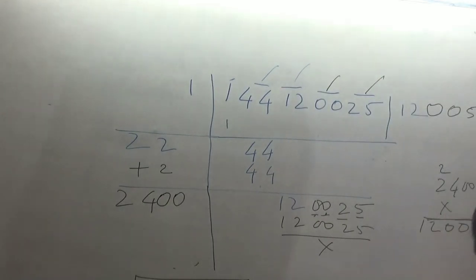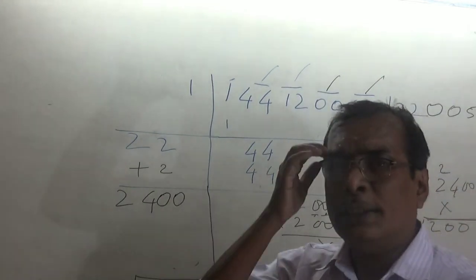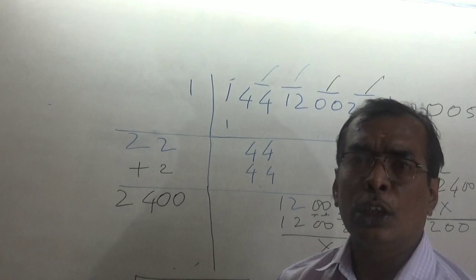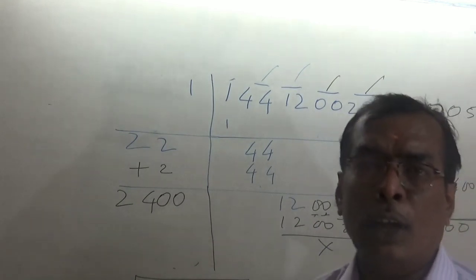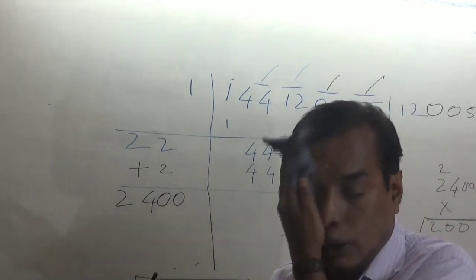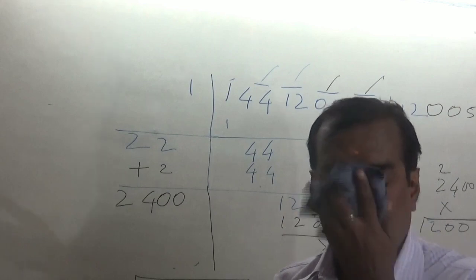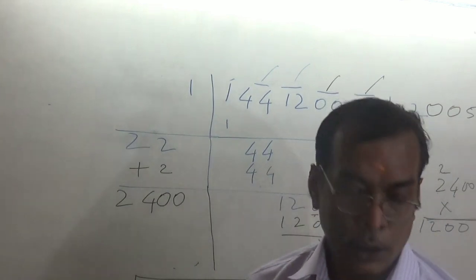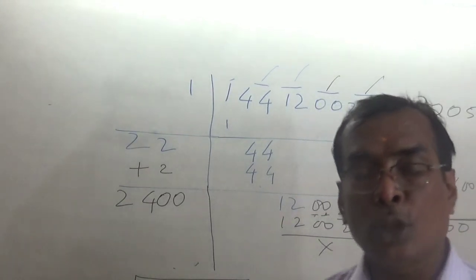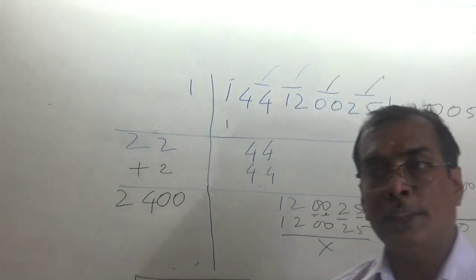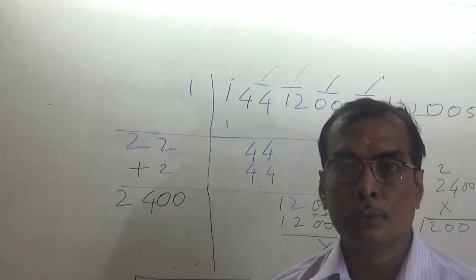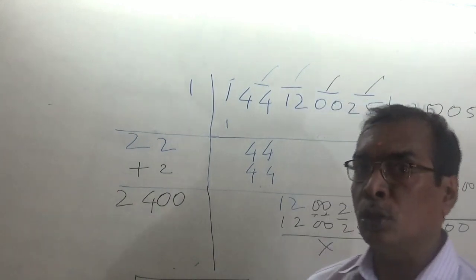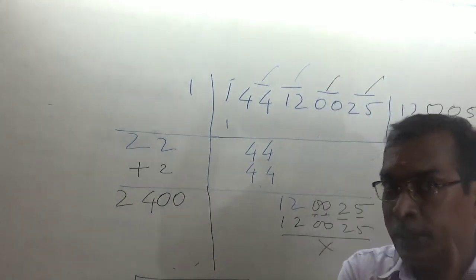Now one thing: this type of big number you will not find in your book. What will you have to do? In that case, all of you have calculators, or at least a mobile phone, where a calculator is there. Now you have to consider the way I created the question.